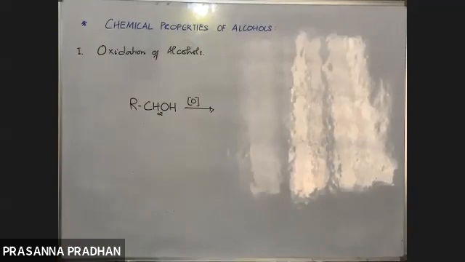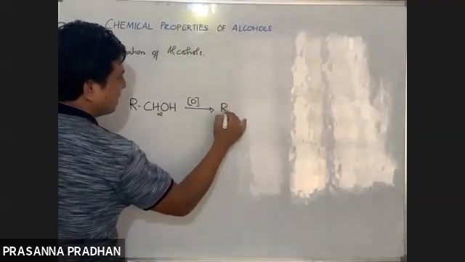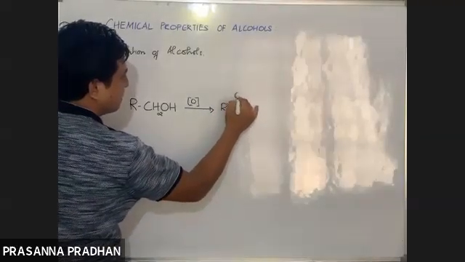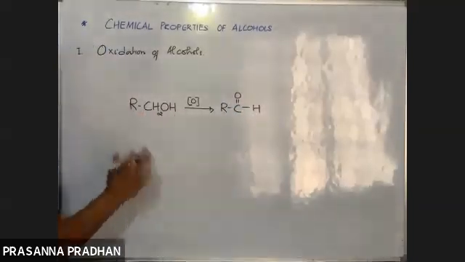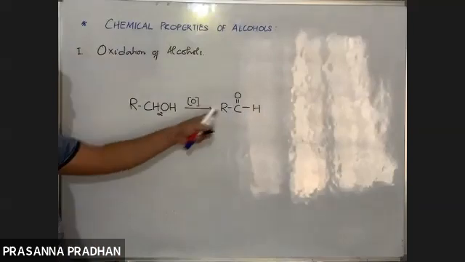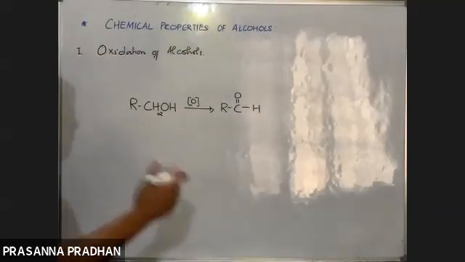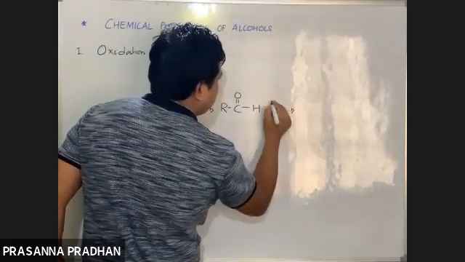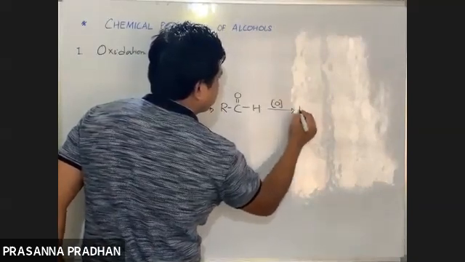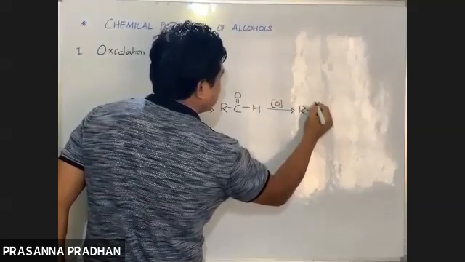Aldehyde. The CH2OH group oxidizes to the CHO group, and when the CHO group is reduced, CH2OH forms. Oxidation is just the reverse of reduction. And aldehydes are further oxidized to give us what? What is the final product of oxidation?